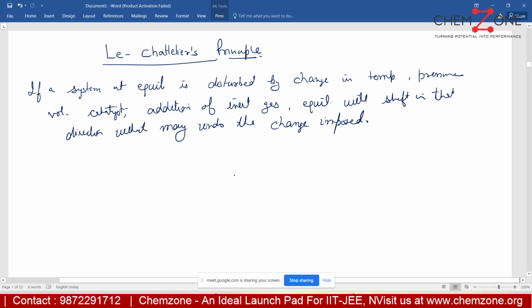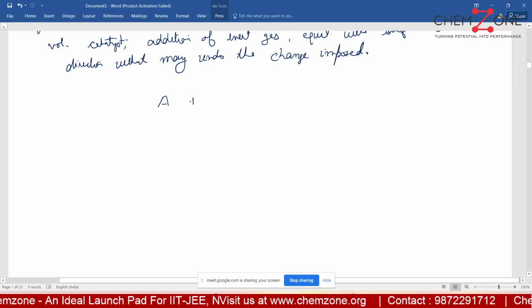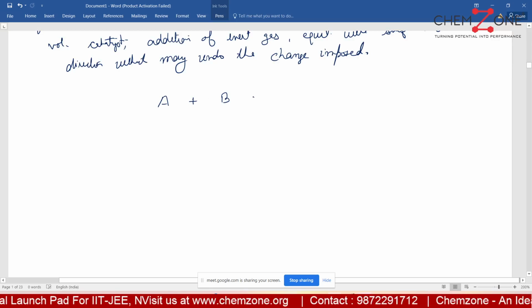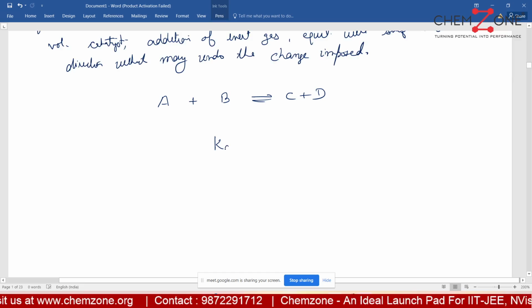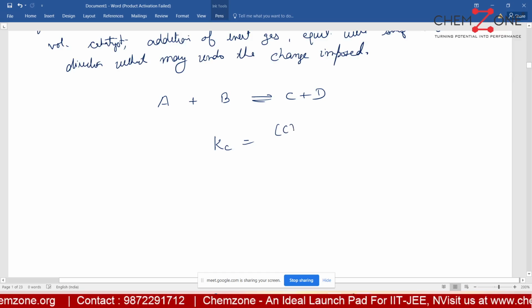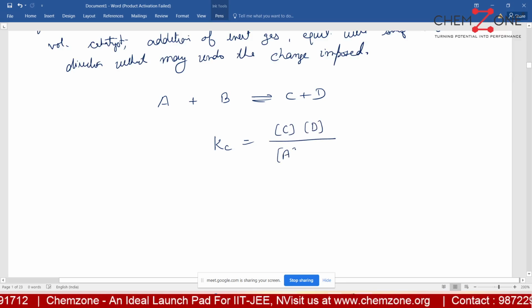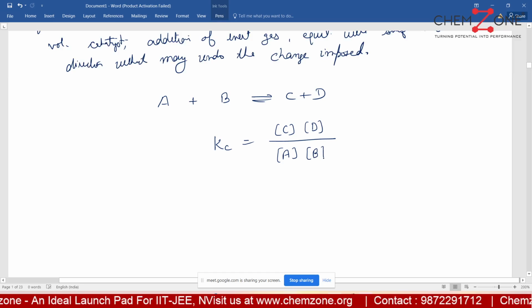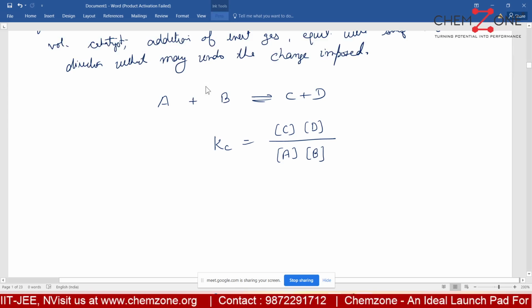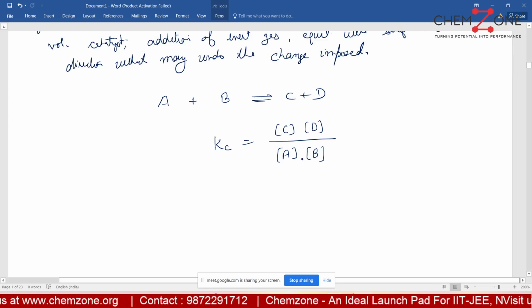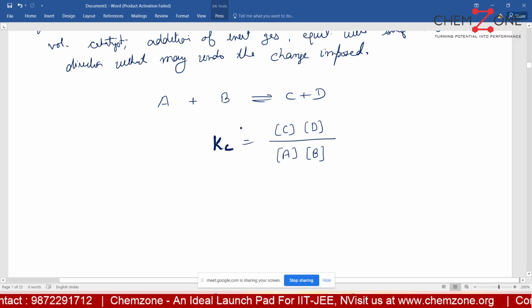Understood? Now let us try to understand what that means. Suppose I have a system at equilibrium, A plus B to give C plus D. Then Kc is equal to C into D upon A into B. There is a particular value of the equilibrium constant Kc.